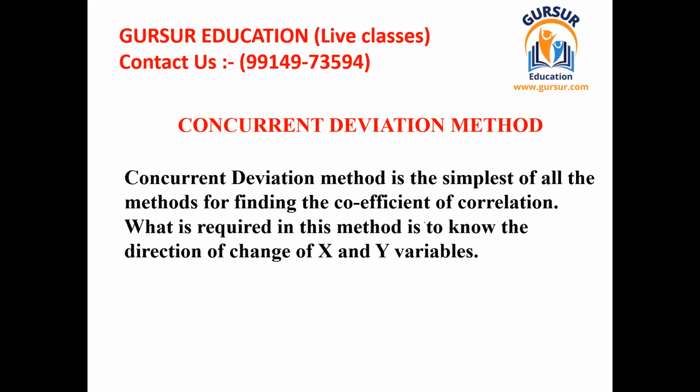This is the formula for finding the coefficient of correlation by the concurrent method. C is the number of concurrent deviations or positive signs, and n is the number of items, and you can find the correlation value.